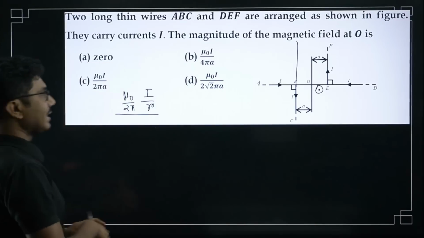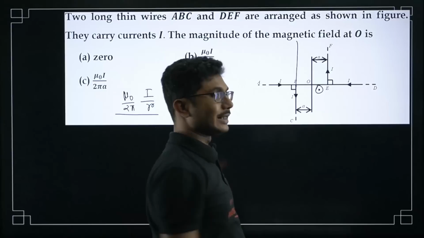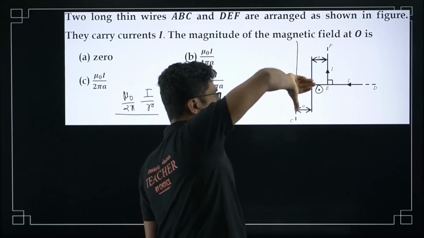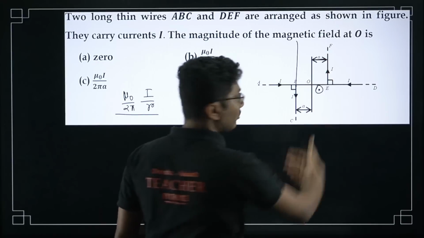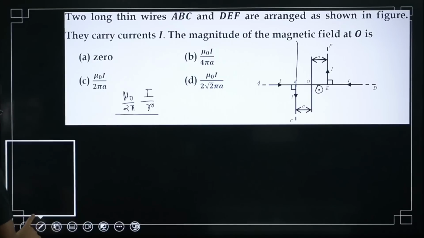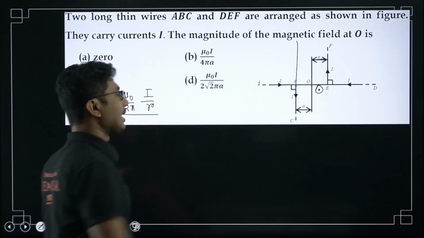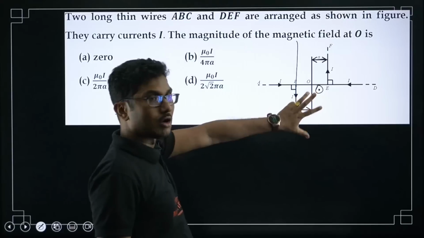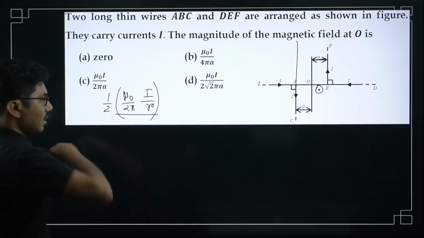If one were outward and another inward, they would cancel. Both currents give you outward field, and this is the field due to a very long wire. Here you have only half of the long wire, so the total magnetic field due to any one of them will be half of this.